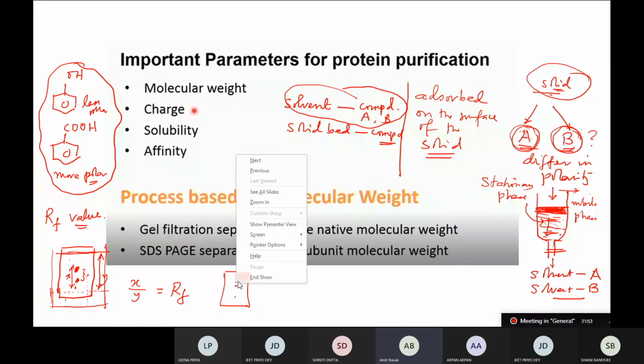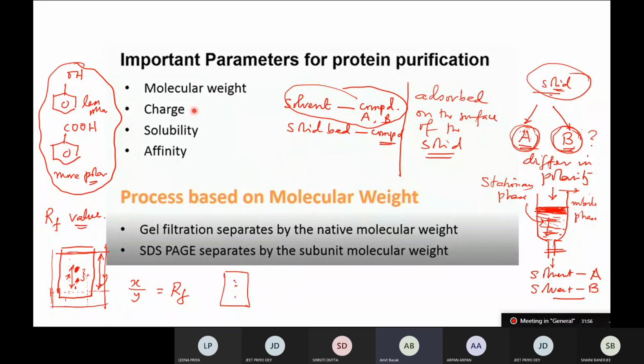Then you have to be very careful. If you want to separate these two molecules, you have to do it very slowly. Another point, the solvent that I was using, I can also change the polarity of the solvent.